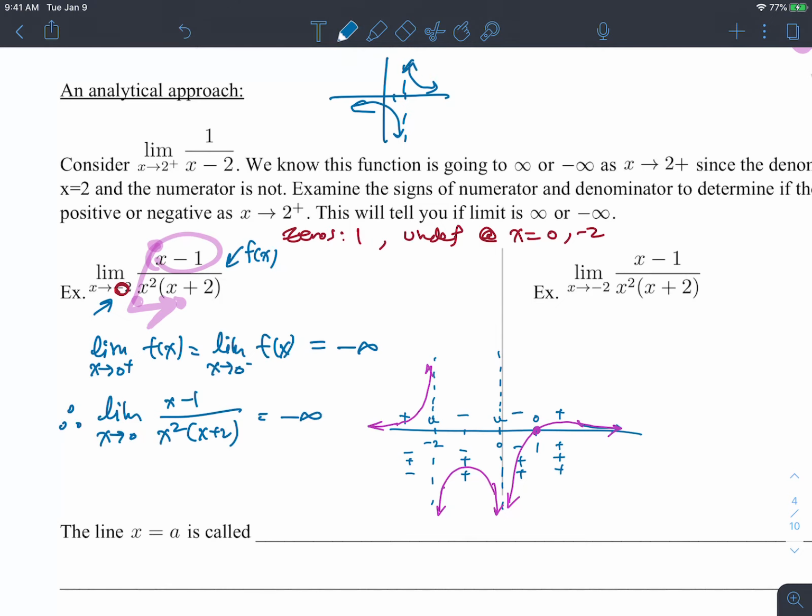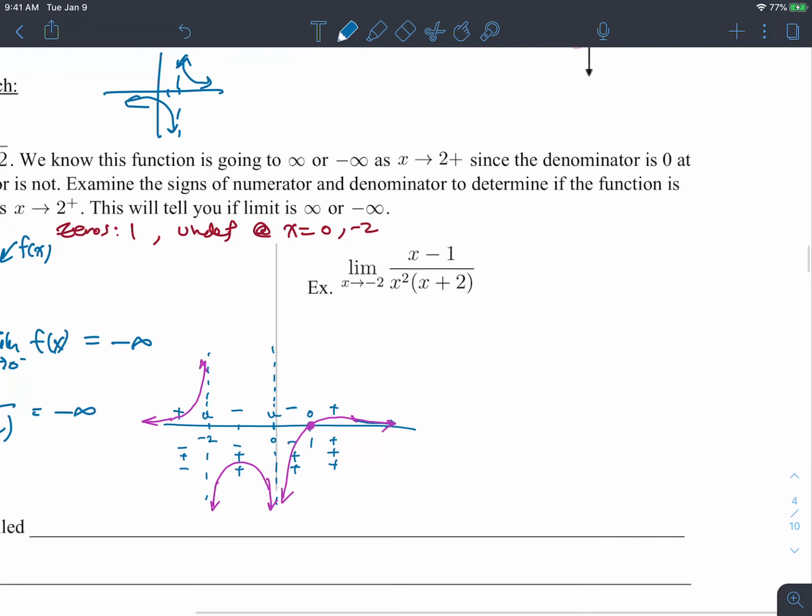All right, on the right-hand side, what we have is what is happening as it is approaching -2, like over here. Clearly, on one side is positive infinity and on the other negative infinity, and you know that this is DNE, does not exist, and you always give the reason.